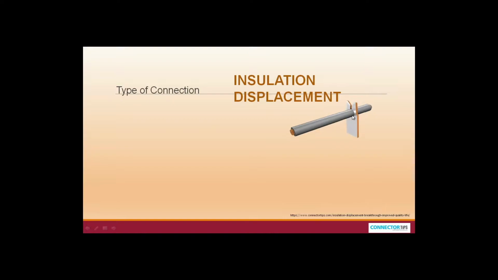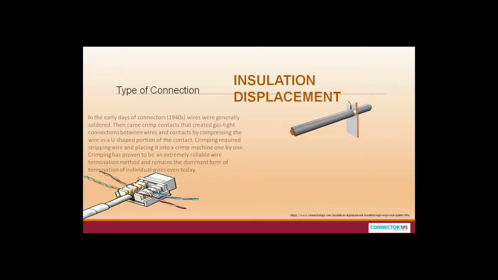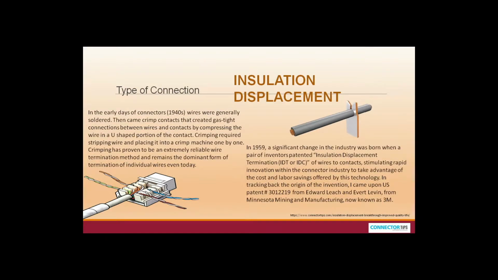If you have a stranded cable, it could cut some of the strands, so it's not as good. It's not correct to use stranded cables or conductors while using IDC. Okay, now this is what it looks like.